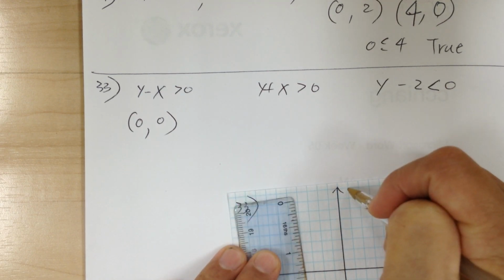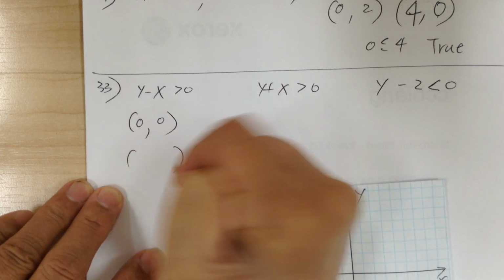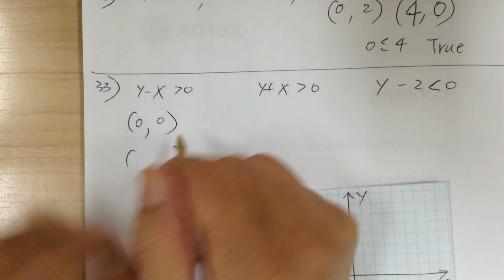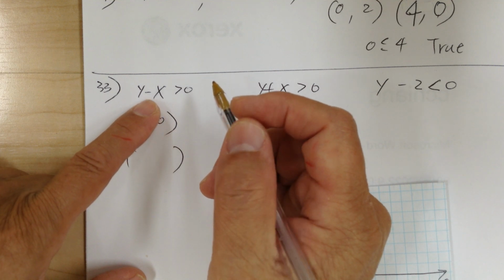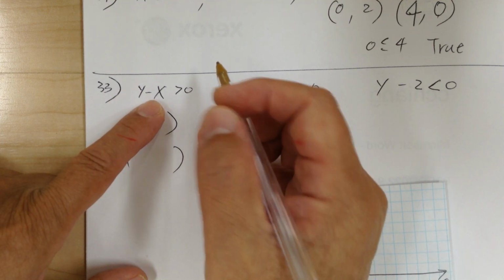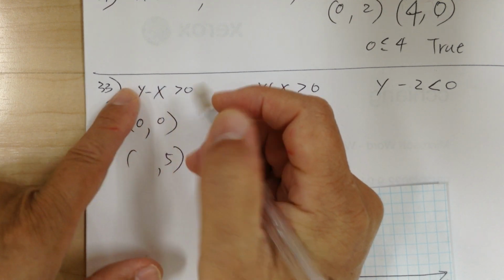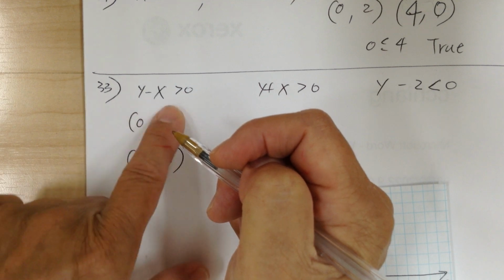So you just choose any value for x. For example, you can choose a random number, like a big number. So let's say you let x equal 5. So if x equals 5, then y has to equal 5. They have to be the same, right? 5 minus 5 gives you 0.